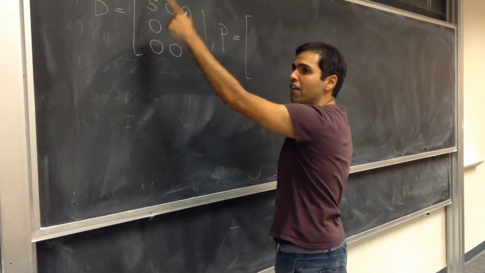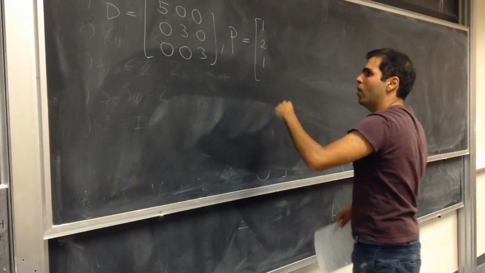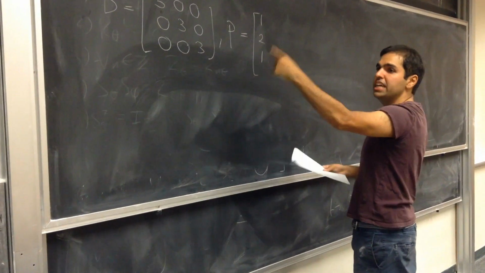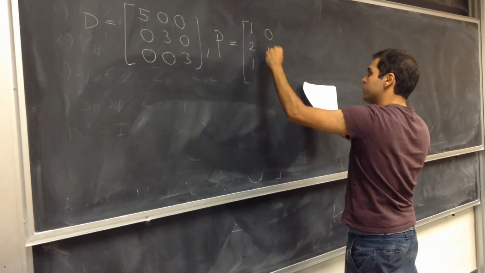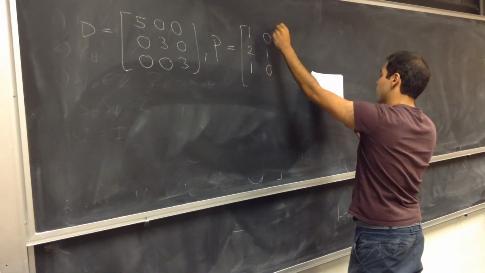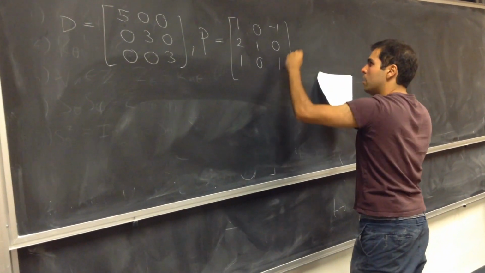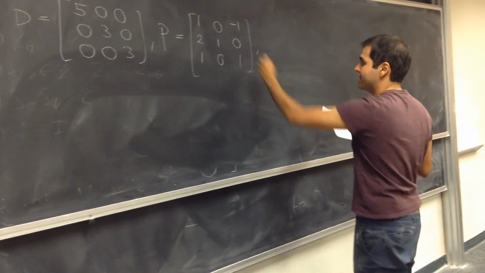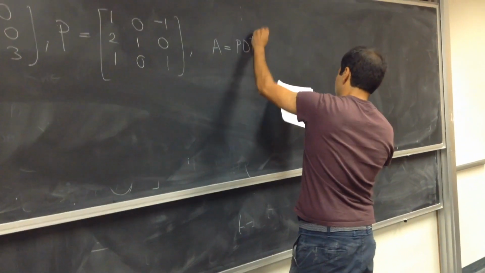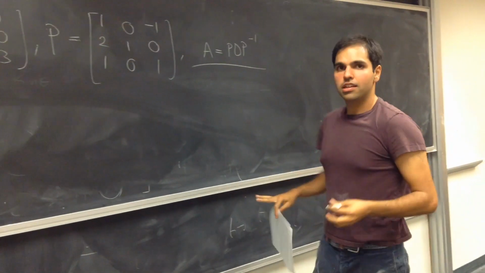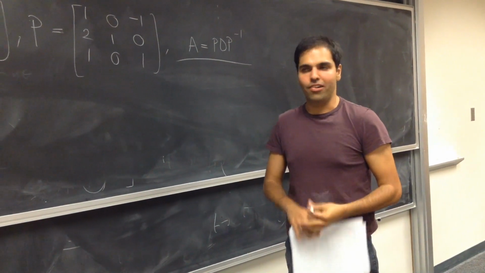So for 5, you put the eigenvector corresponding to 5, so 1, 2, 1. And for 3, you put the two other eigenvectors, doesn't matter which order: 1, 0, 1 and 0, minus 1, 0, 1. And then you get, by a theorem, that A equals PDP inverse. And this is the case where we say A is diagonalizable.